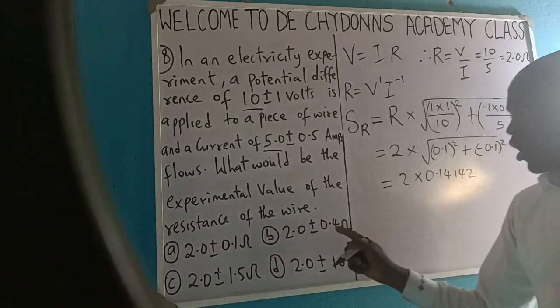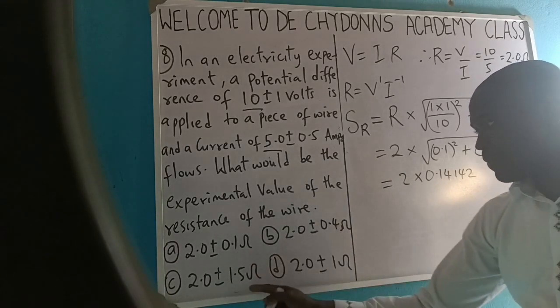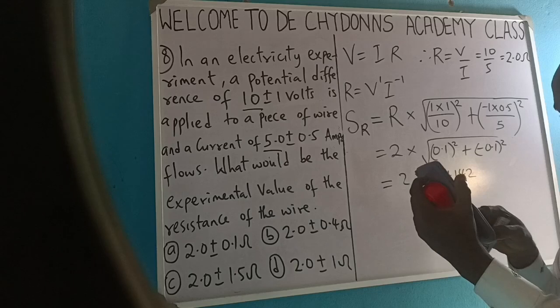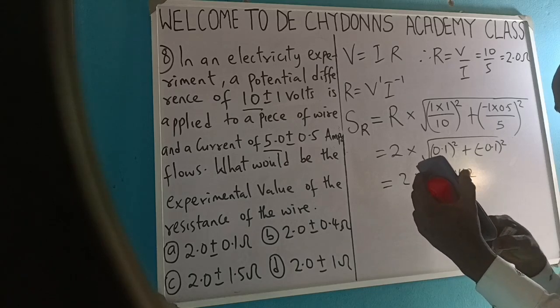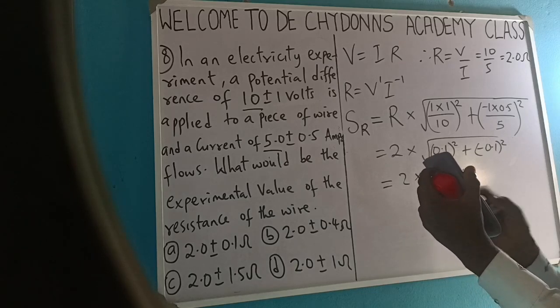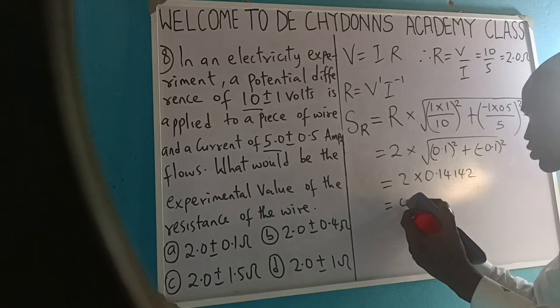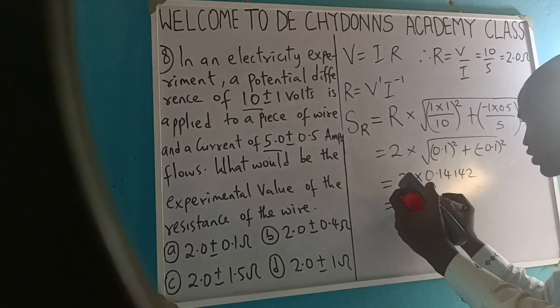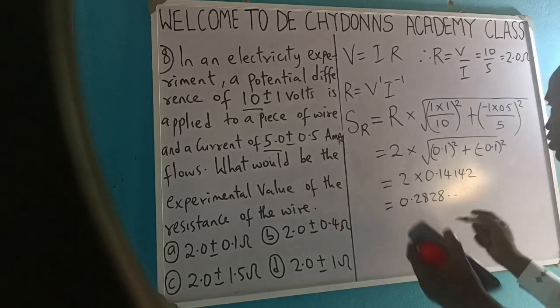Okay? But the options are in what? One decimal place. 2 times this will be giving us 0.2828 ohms.